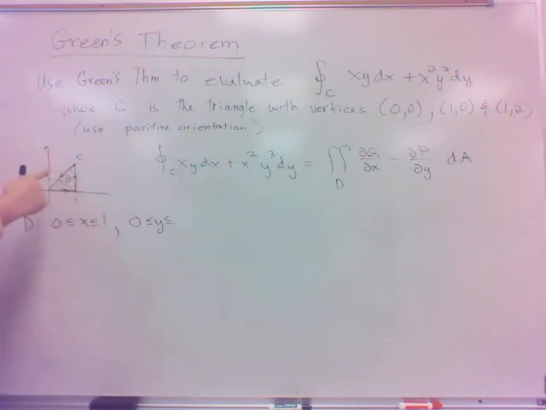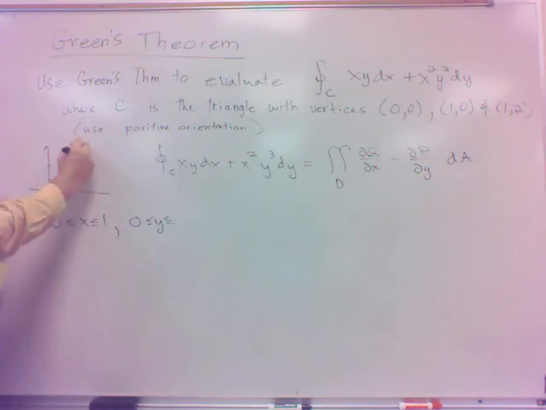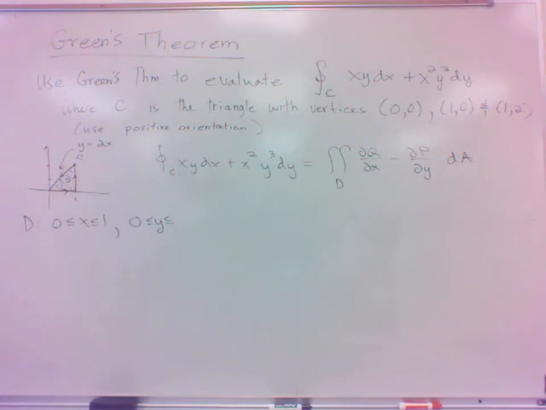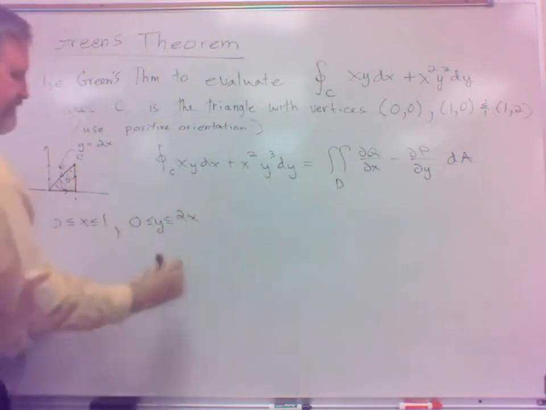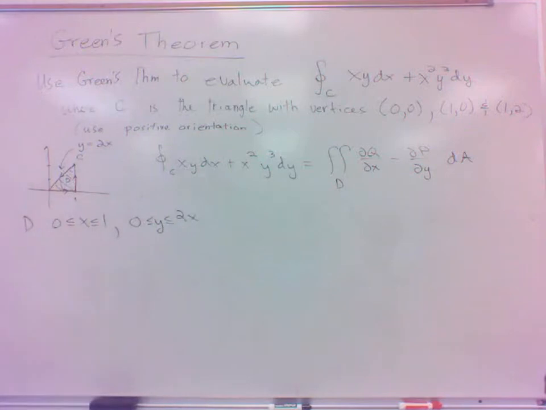So we need that line there. The slope's 2. The y-intercept 0, so it's just y equals 2x, isn't it? So that's where our y's would go from 0 to 2x. We do it that way. And the x's go from 0 to 1.